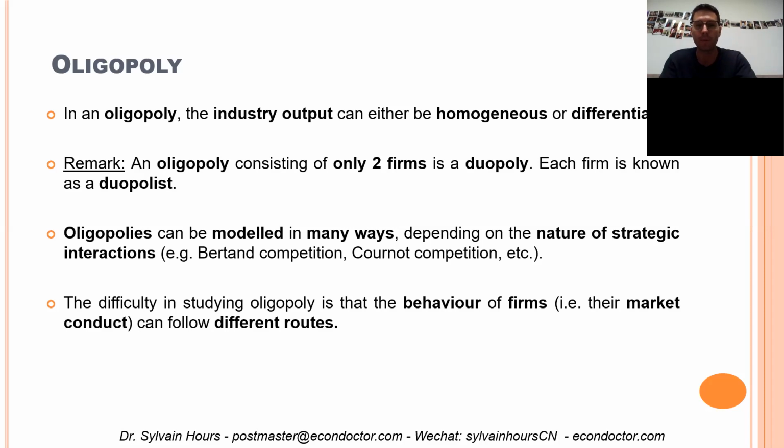For example, if we assume that firms compete in price, if we consider the model of Bertrand competition, the conclusion is that even though we only have very few firms, 2 firms, for example, they will compete very, very aggressively in such a way that they will charge a price equal to the marginal cost and they will make 0 profit, just like in perfect competition.